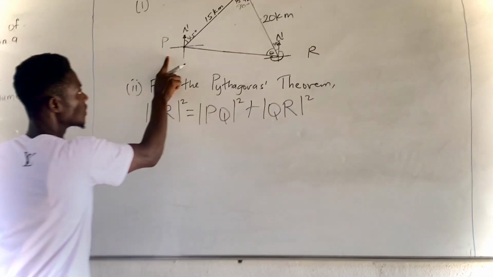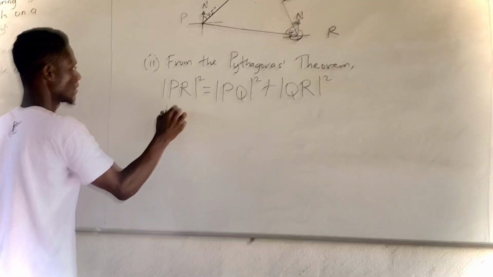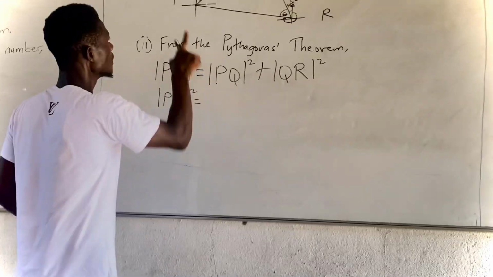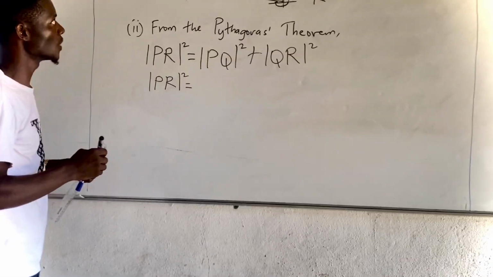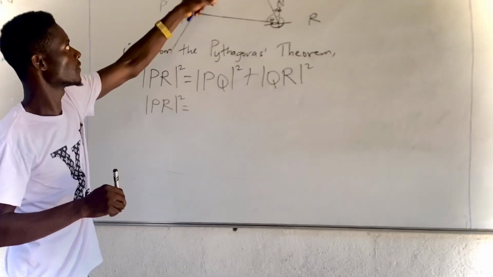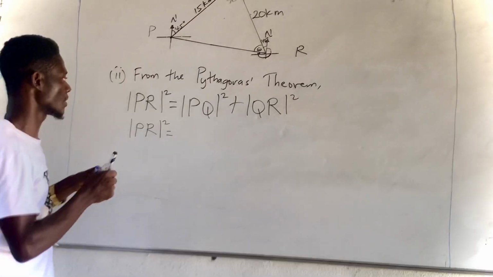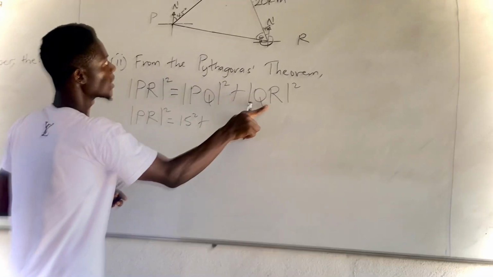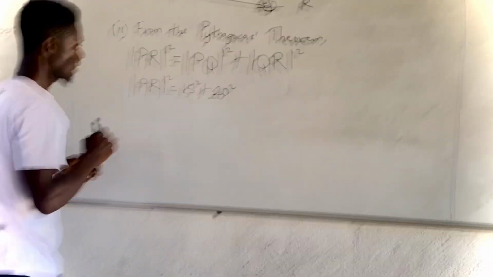So we do not have the length PR, we maintain that, so we have the length PR all square equals the length PQ squared plus QR squared. The length PQ is 15 kilometers. So we can ignore the unit. We already know that we are working with kilometers, and in the end, length ends in a linear unit. So we just have to attach this kilometer. In other words, we write 15 and square it plus QR. QR is 20 kilometers, so 20 square.